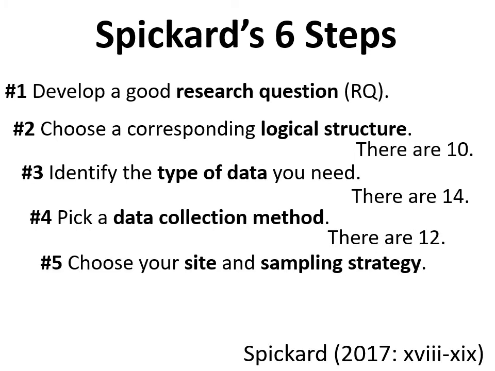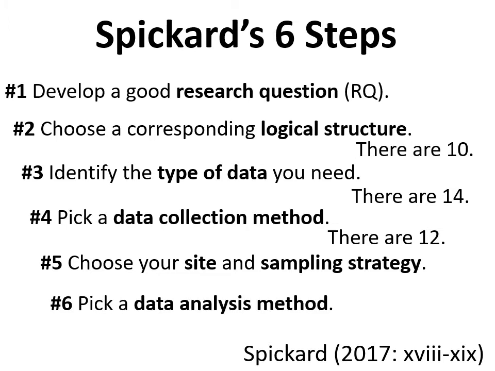And then we choose a site and a sampling strategy. So where do we find the data? That really gets at this notion of site. And sampling strategy is, given all the possible observations we could make, how do we choose which elements or which items in that population to sample from?